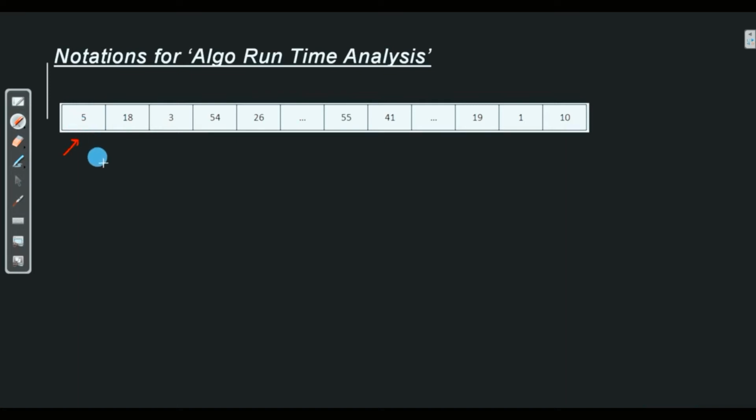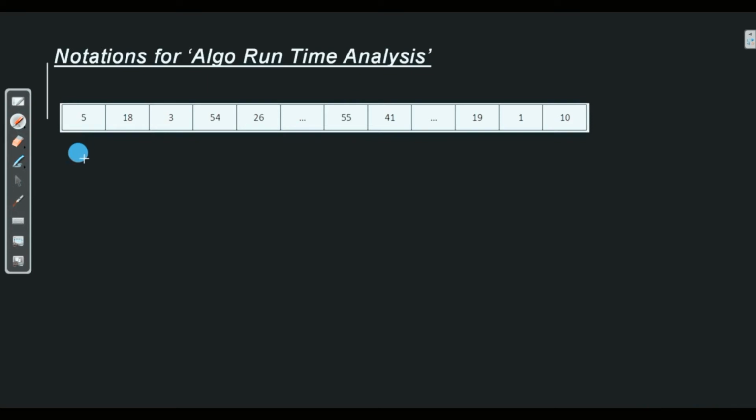Else, we keep going towards right, visit each and every cell, and once we find number 10 in that cell, we return the cell number. But in case we reach the end of the array and still did not find number 10, then we simply return an error message saying that number 10 does not exist in this array.